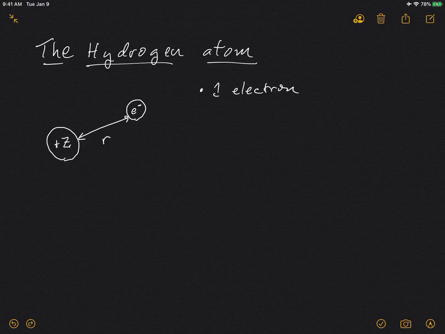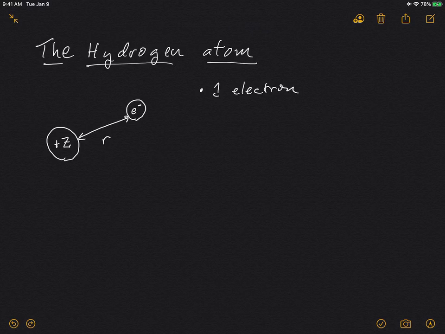Another important aspect of the hydrogen atom is that this is the starting point for multi-electron atoms and for molecules. So it turns out we can use the hydrogen atom as a starting point, or it gives us a set of basis functions, and it gives us some other tools that we can use to develop, in a building up, reductionist paradigm, where we start with simple systems and then we extend them to look at more complex systems.